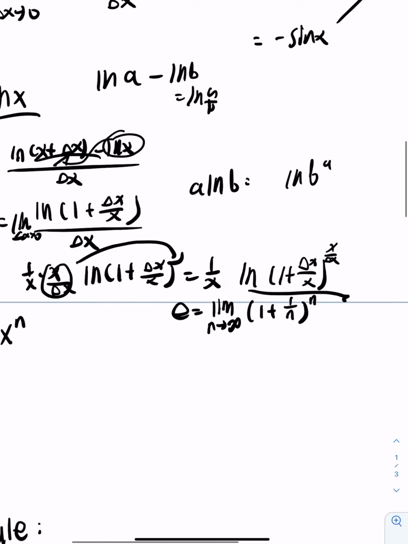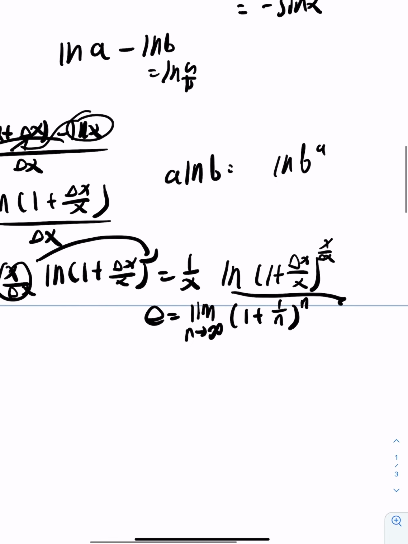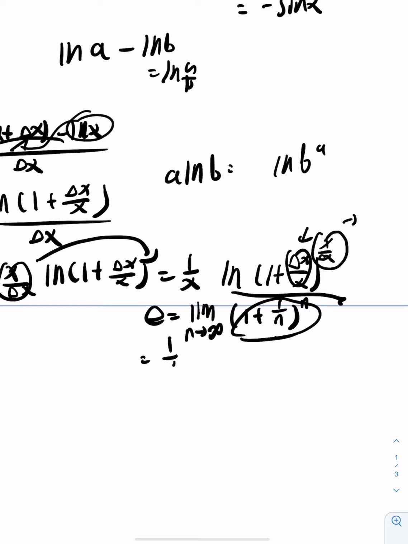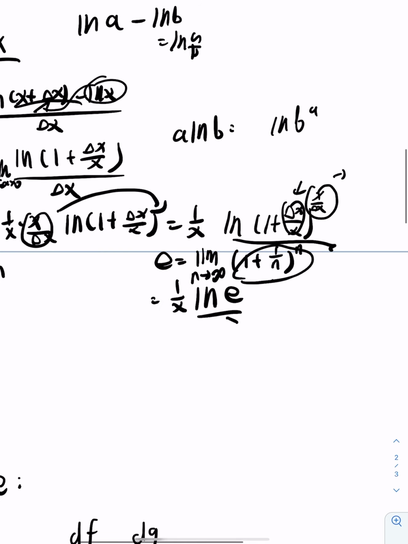So this is basically equal to this term, because this one is approaching very, very small, and this one is going to infinity. So it is basically 1 over x times ln e, and this is just equal to 1, so the derivative of ln x is equal to 1 over x.